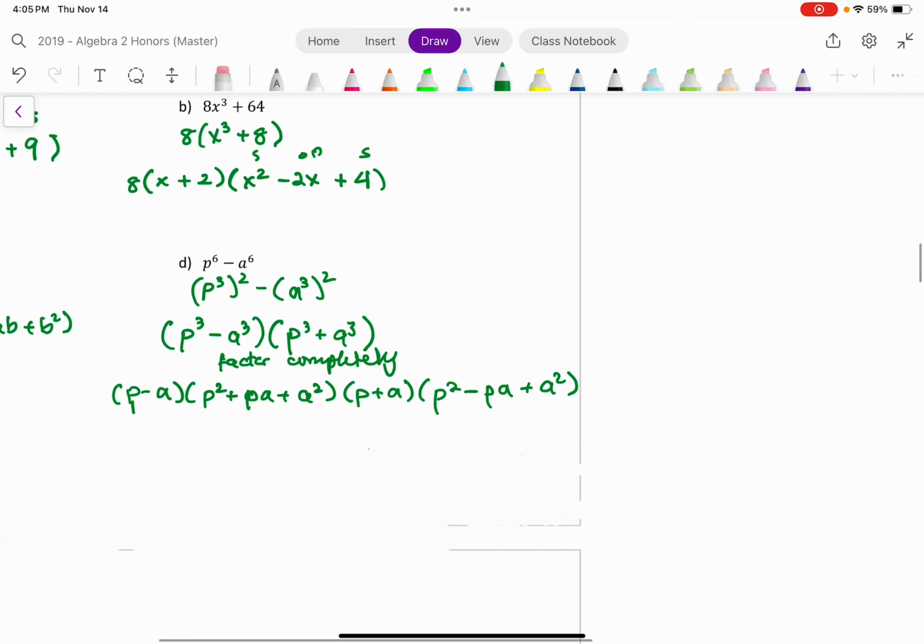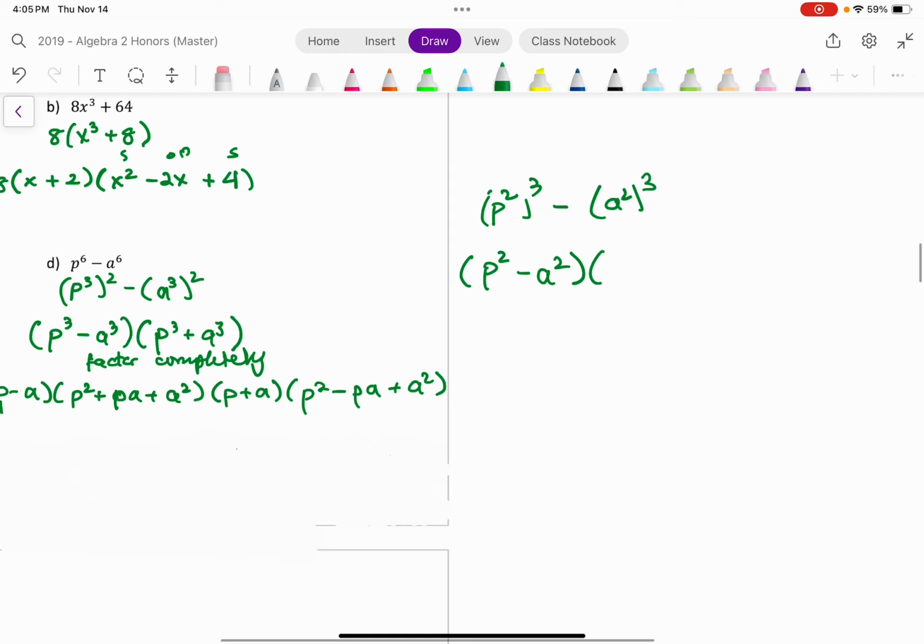If you did it the other way around, if you treated it like this, p cubed, oh, whoops, I did that wrong. p squared to the third minus a squared to the third. Okay, I'm getting p squared minus a squared, with cube root and cube root.